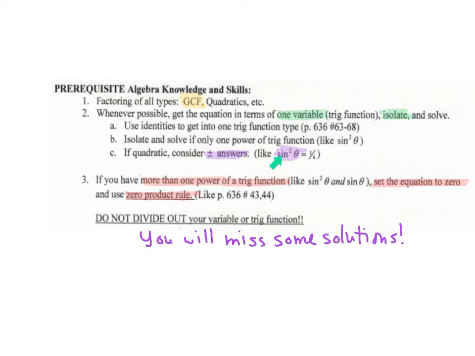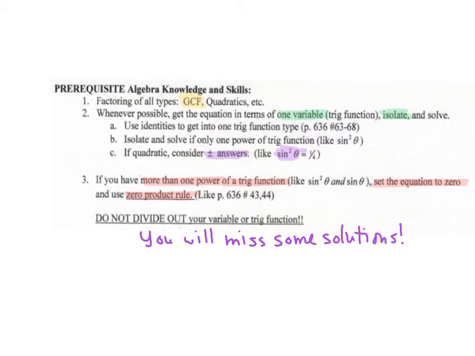As long as there's only one type of term, then you isolate and solve. Sometimes you'll use those Pythagorean identities to get it into one trig function type. And if it's quadratic, like sine squared, cosine squared, don't forget when you square root both sides, you will have plus minus answers. You will like the plus minus answers. I'll tell you why when we get there.